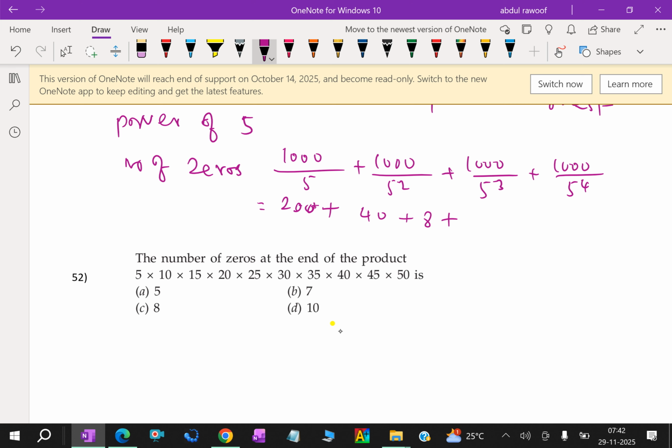Here, this is 1 point something, so the whole number is 1.